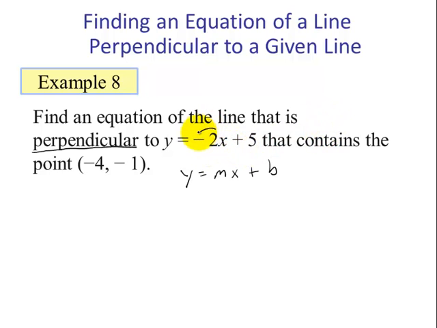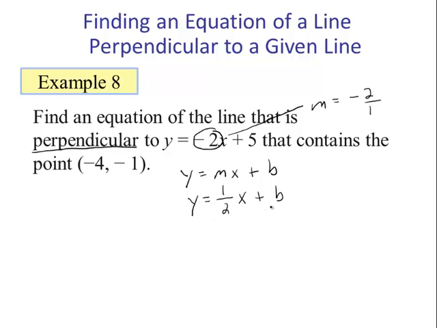The slope of this line is negative 2, so that's negative 2 over 1. The negative reciprocal would be a positive number, and then we flip the 1 and the 2 and we get 1/2. So the slope of this new line is 1/2.